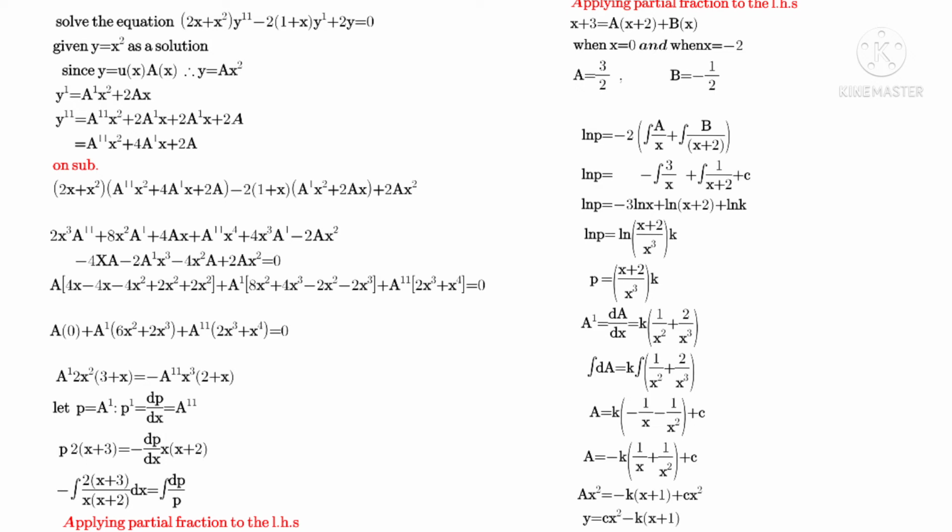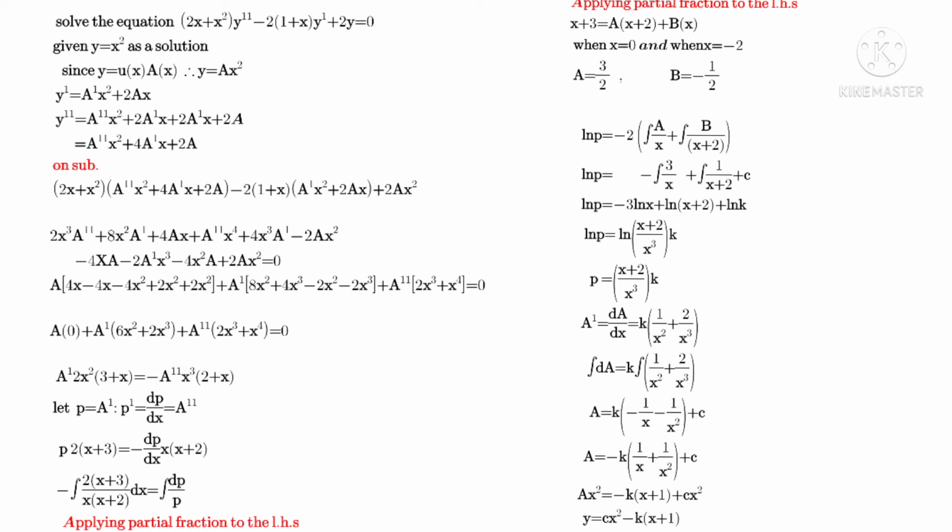So when solving using d'Alembert's method, the coefficient of a should always give you 0. So we have a of 0, then a' (6x squared plus 2x to the power 3) plus a'' (2x cubed plus x to the power 4) equals 0.